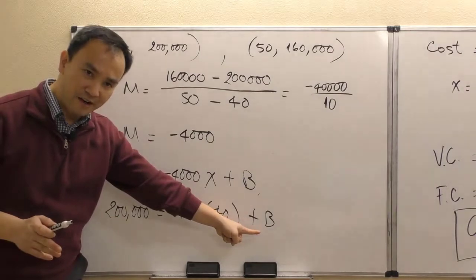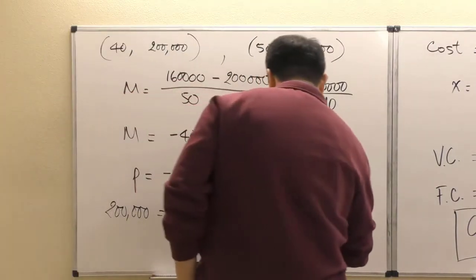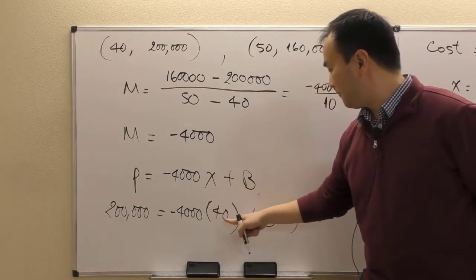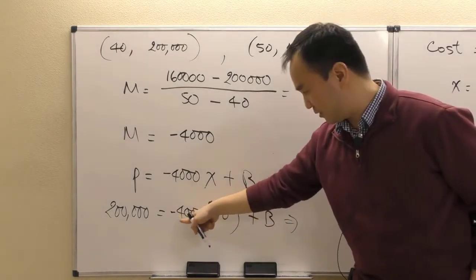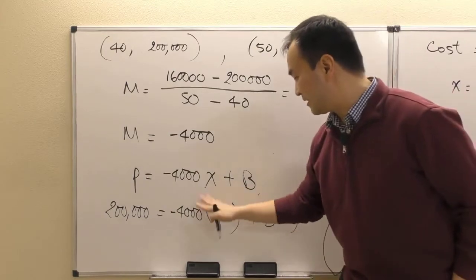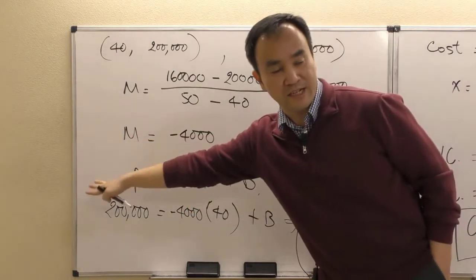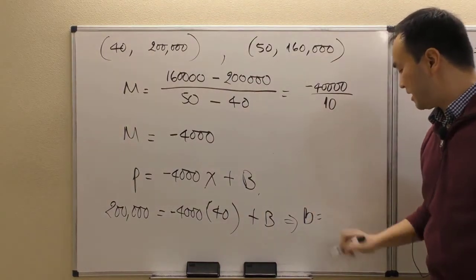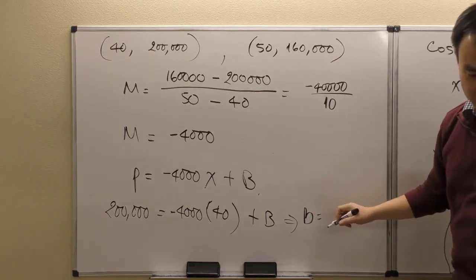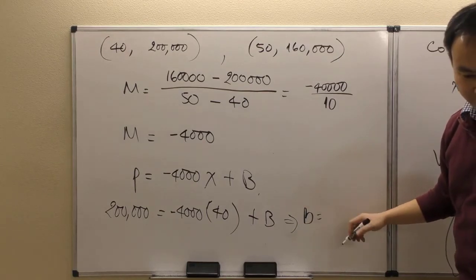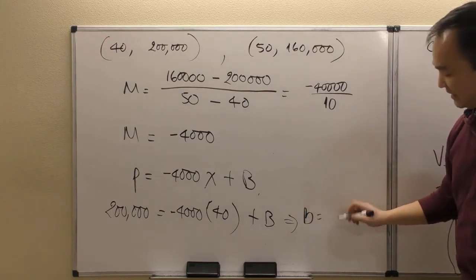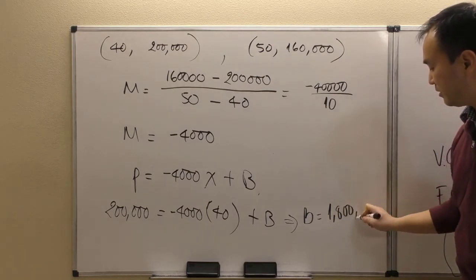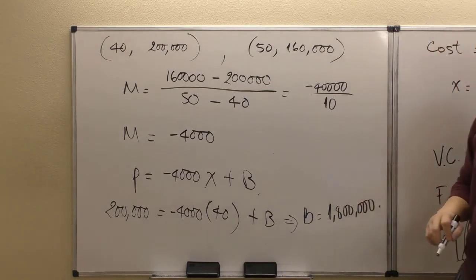So now we can find out that B equals what? 40 times 4,000, well, negative 4,000, and then all that will be a negative. We're going to add it to the other side. So altogether, B should be equal to 1.8 million.